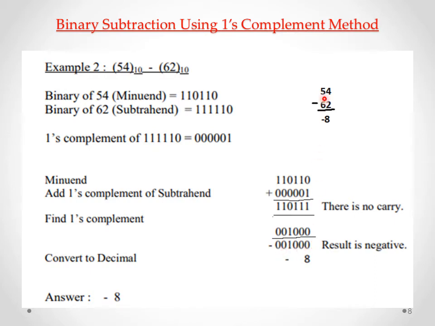So here 54 minus 62 we got minus 8, and here also we got minus 8 in binary form. So this is the way to perform it when the minuend is smaller. When the minuend is smaller, we will not get any carry. So the rule is, we have to take the complement of the answer and apply the minus sign.